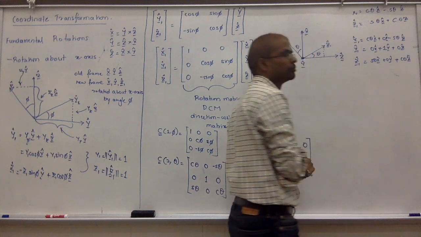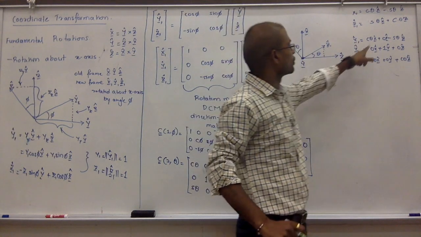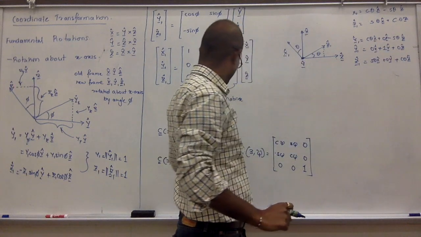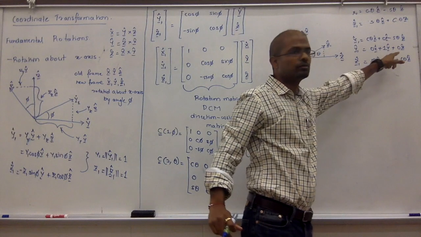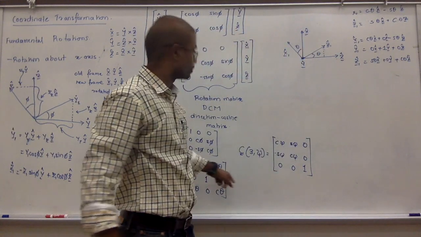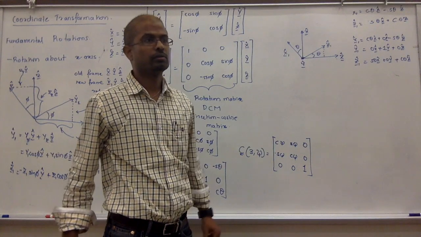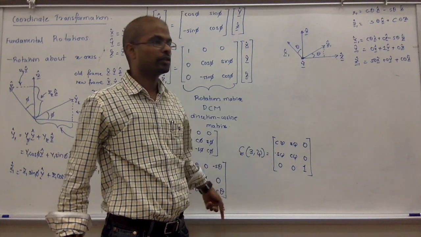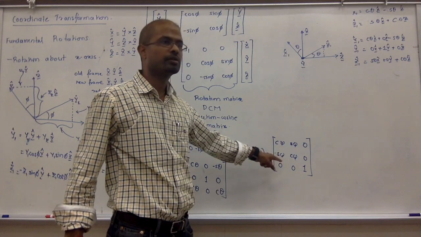You agree? You get it? Cosine, sine, minus, then it is 0 1 0, 0 1 0, then you have sine theta, 0. You see why it is like that? And again, if you do the same thing for z, you'll get this.